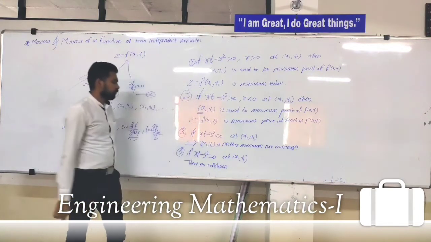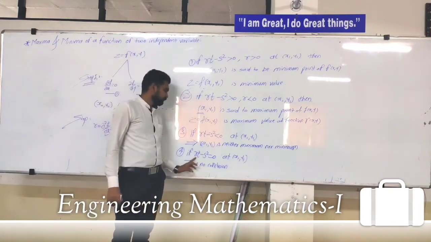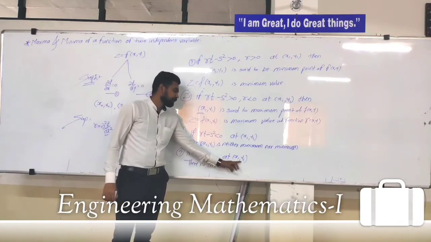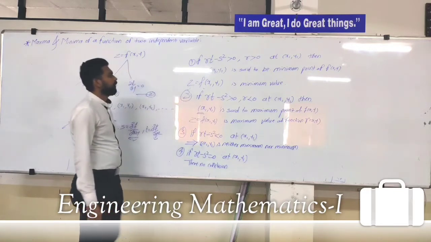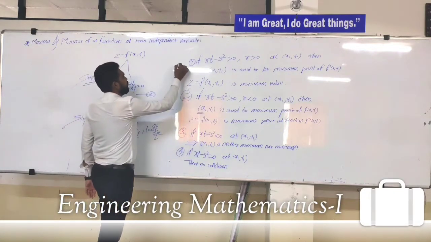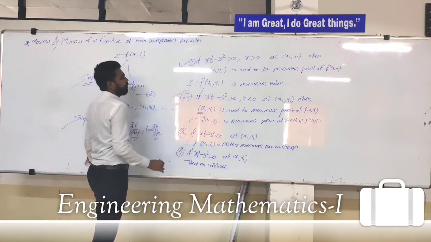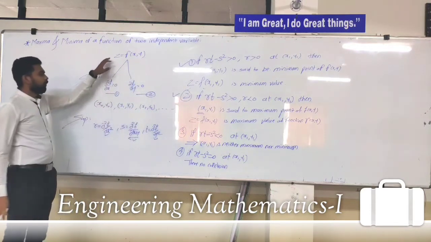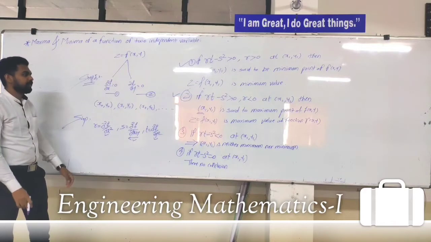There is no conclusion for this value rt minus s square equal to 0 at x1, y1. So in this way we find the maximum and minimum value of the function f of xy by using the partial derivative.